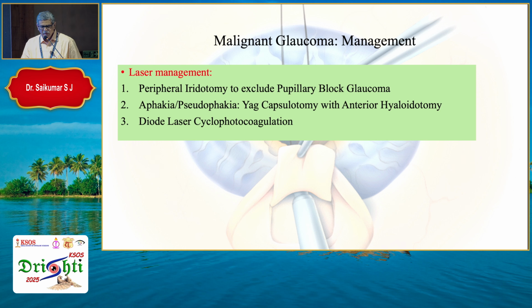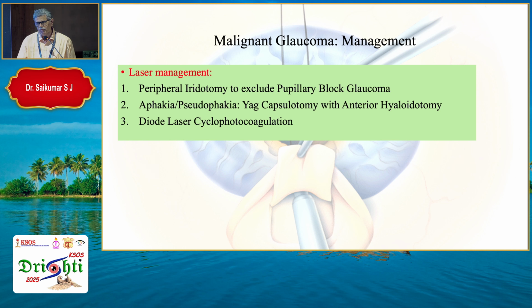Management with laser peripheral iridotomy, of course, will rule out a pupillary block. In an aphakic or pseudophakic eye, you can do a YAG capsulotomy with an anterior hyaloidotomy. One most important point to be noted here is that it is not just about the decompression of the vitreous alone, it is to create a connection between the anterior chamber and the posterior chamber.